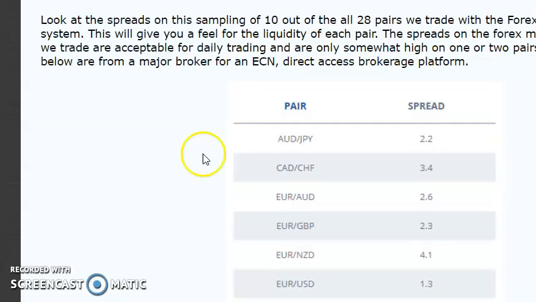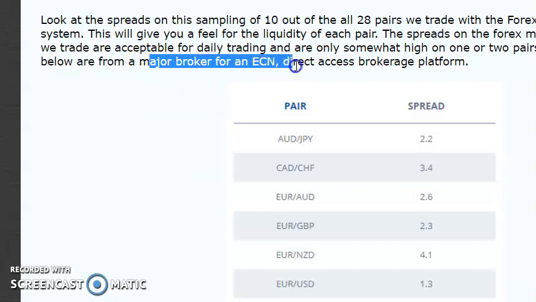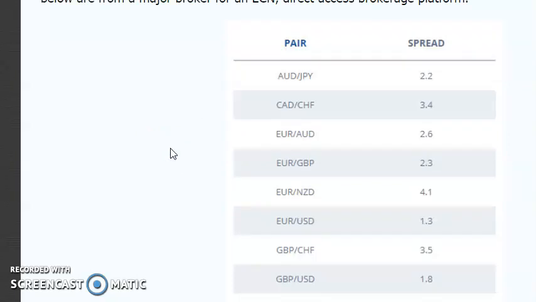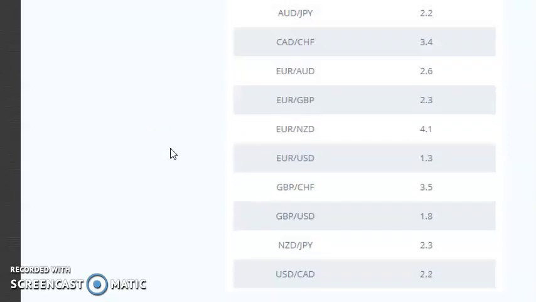Here are some example spreads. This is information from a major broker for a direct access trading platform. If you look, you can see which pair has the lowest spread. It's the Euro USD, because it has the highest trading volume every day. But look, the Euro New Zealand is 4.1 pips.